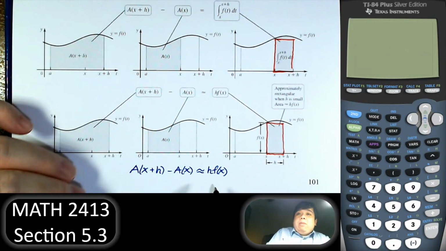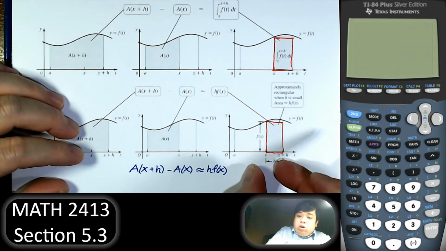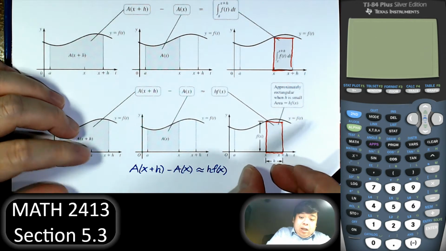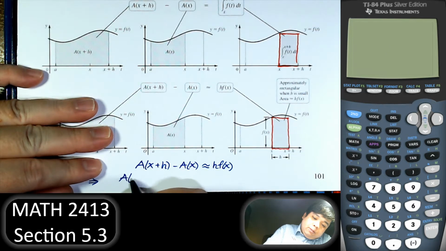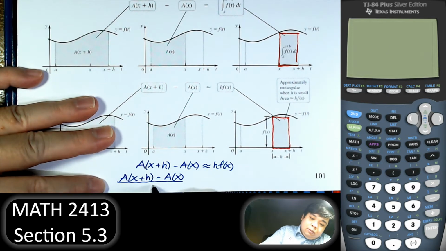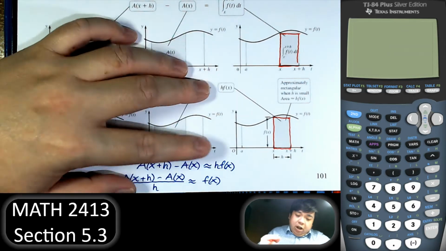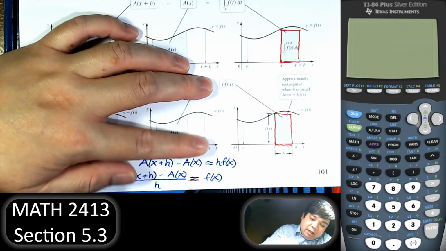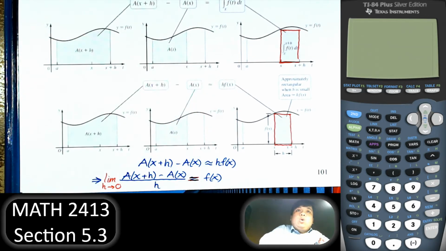Of course, this approximation will be better if h is small. The smaller the interval, the better the approximation is. So we divide by h on both sides. Now this is an approximation, but it will become exact if we take the limit as h goes to 0.